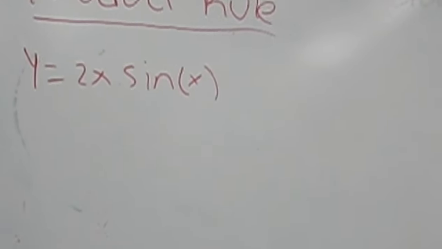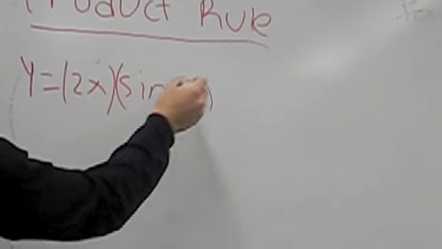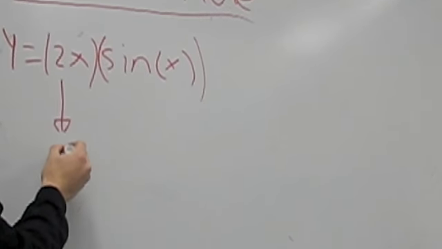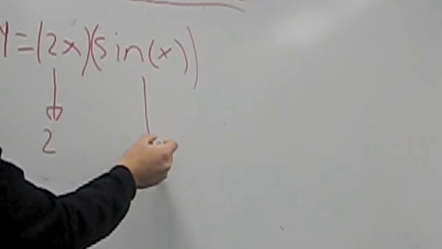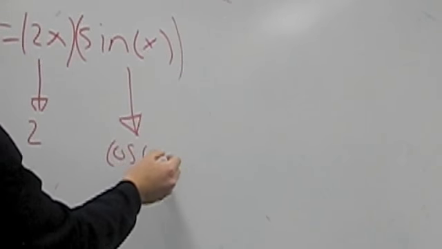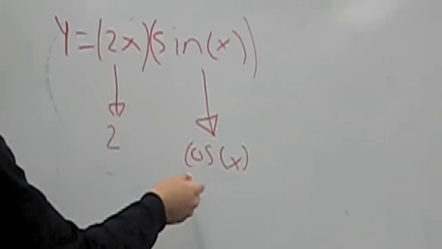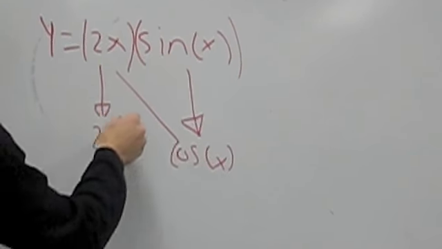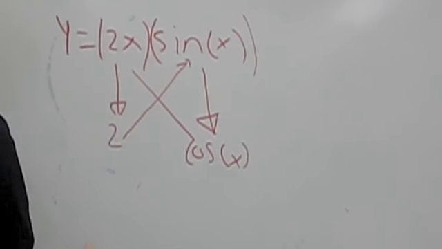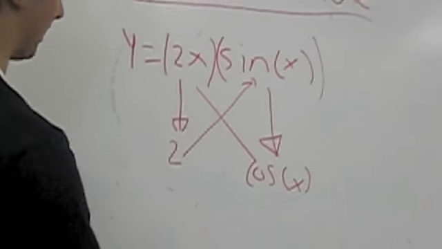What you do in the product rule is you take the first part and find its derivative, which is 2. In this part, you find its derivative as well, which is cosine of x. And what you do with these two derivatives is you crisscross them. You multiply this by this and this by this, and then you add these two together.